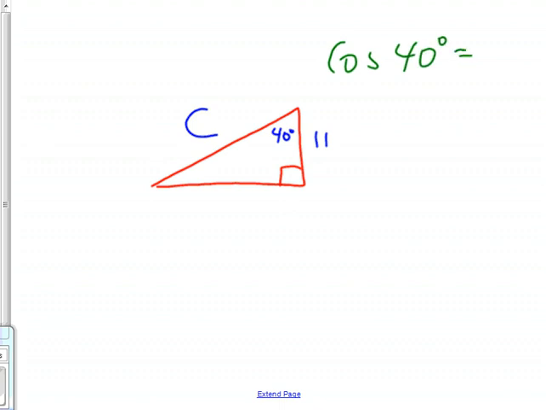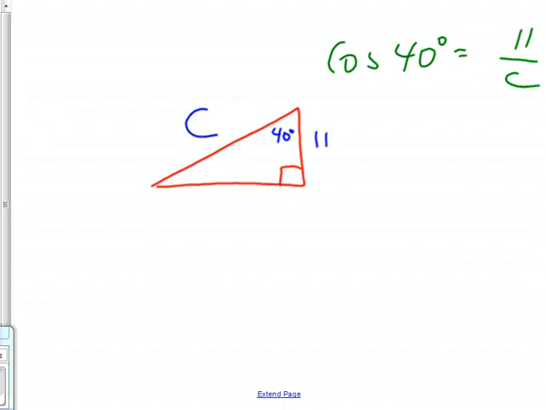So tell me what you'd finish with. There's nothing wrong with starting with cosine of 40. What's the next thing? Adjacent over hypotenuse, and the adjacent is 11, over the hypotenuse is C. Awesome. You wrote me an equation that's got everything in it that I needed.